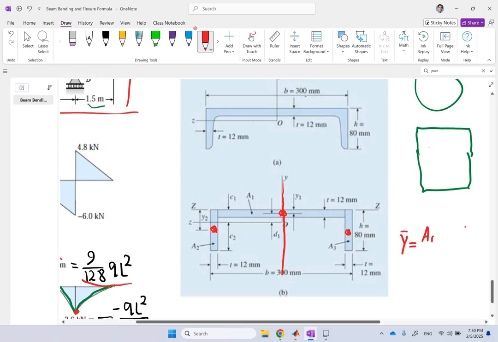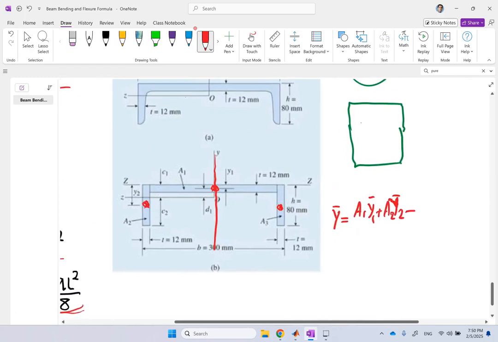So it is going to be A1 y bar 1 plus A2 y bar 2 plus A3 y bar 3, divided by A1 plus A2 plus A3. And A's are the cross sections of these guys.